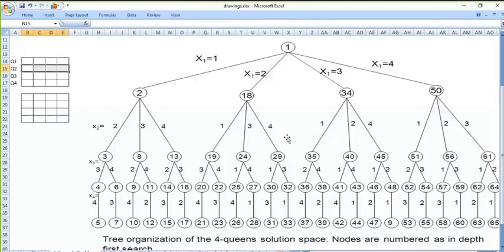Then we have the value 4, which means the column number 4. So Q2 would be placed at this particular position, the one which I have highlighted over here: second row, fourth column. So if x2 equals 4, that edge between 18 and 29 belongs to this particular cell in the chessboard.